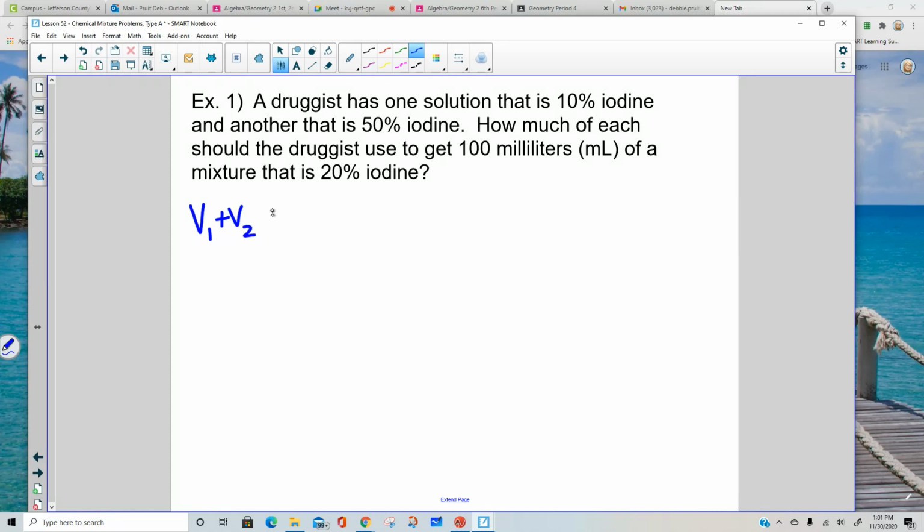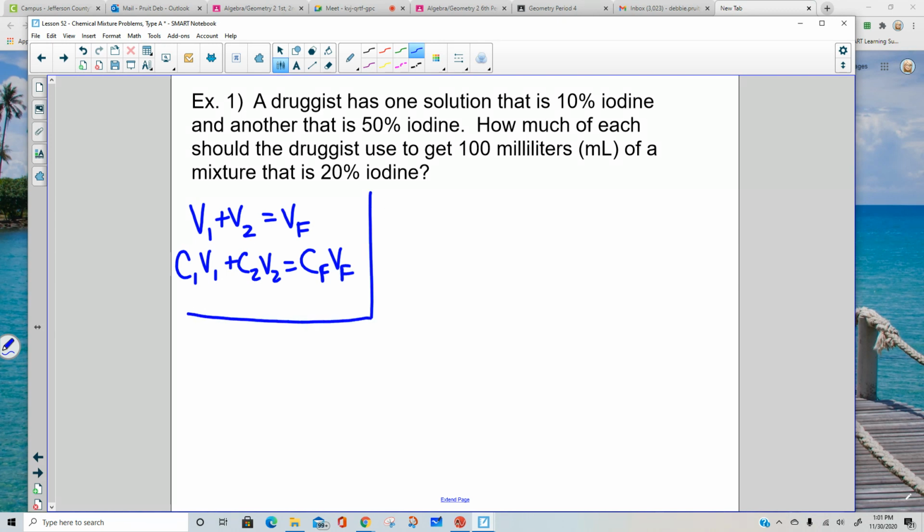We've got a quantity equation, our volume: volume plus volume equals volume. And then we're going to attach the concentration to each volume, each amount. So C1V1 plus C2V2 equals C final V final.